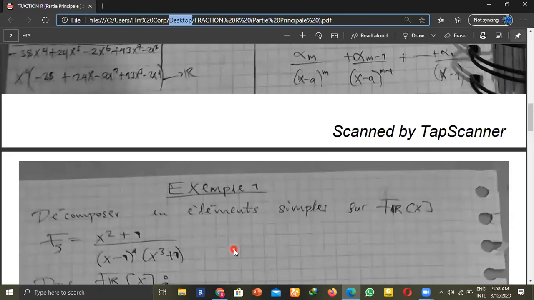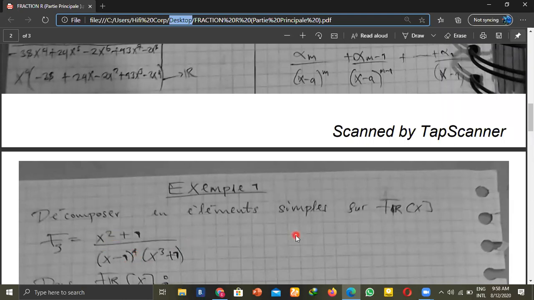The partie entière is equals to what? It's equals to 0, because this cannot divide this. This divided into this, it can't. It will be 0, because the degree here is greater than the degree here.